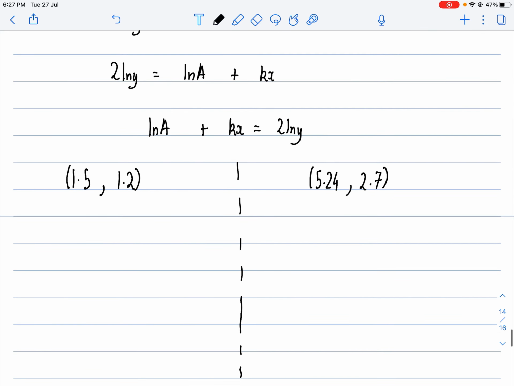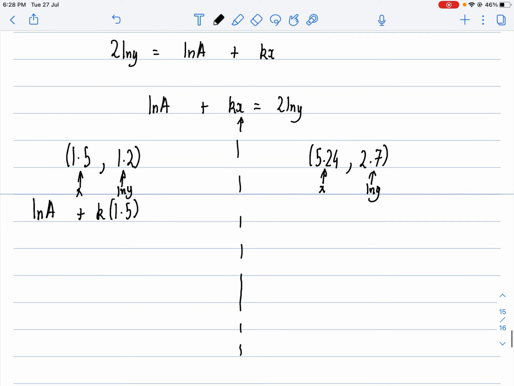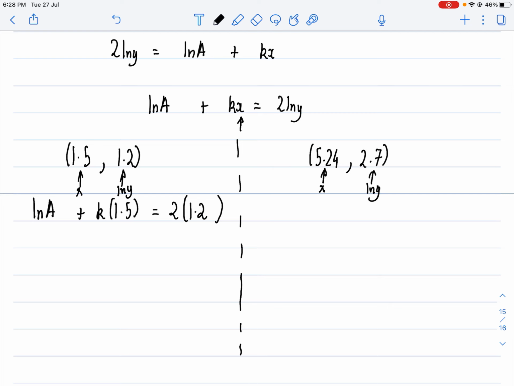Correct? So now I basically have ln a plus k into 1.5. I put 1.5 in the place of x because I know this is x here and this is ln y because of the axes. You always need to observe the axes because that's really important, or your substitution will go wrong, which is equal to 2 into, in the place of ln y I put 1.2.